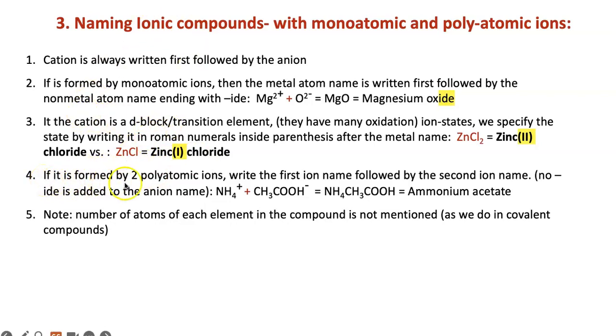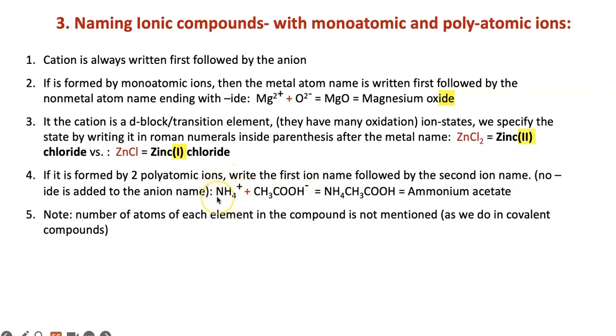If it is formed by two polyatomic ions, you write the first ion name followed by the second ion name. We are not going to be bothered about adding "ide" to the end of the anion name. Example, NH4+ ion combines with CH3COO- ion. This is called acetate and this is called ammonium.